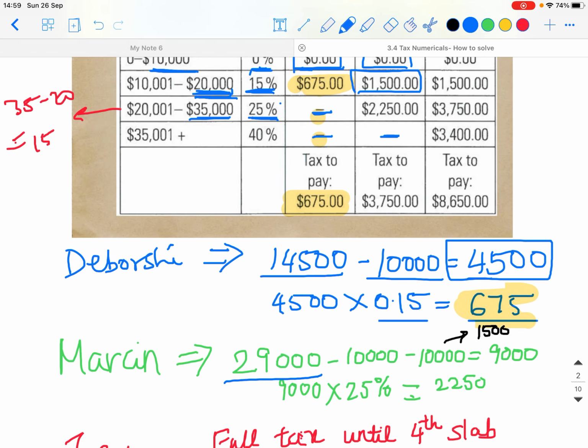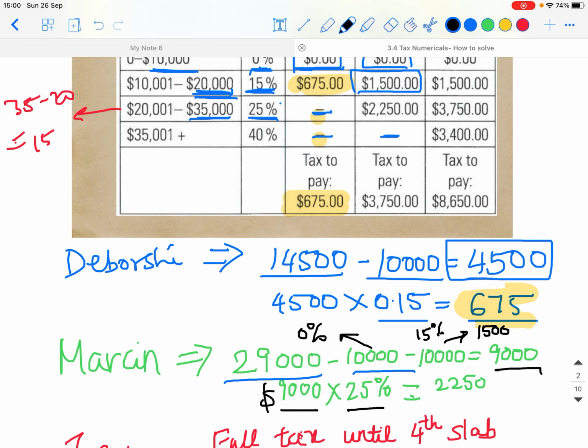So initially we had 29,000. The first 10,000 out of that, we know that there's going to be 0% tax. So 0% tax and $0. The next 10,000 out of that, we have put a 15% tax. So 15% means 1,500. Now we are left with 9,000. So on that $9,000 we want to put a 25% tax.